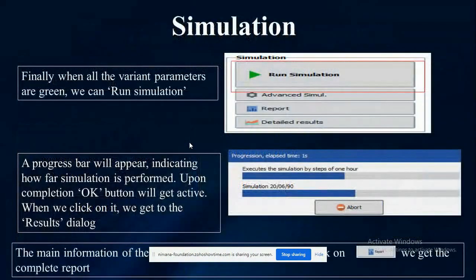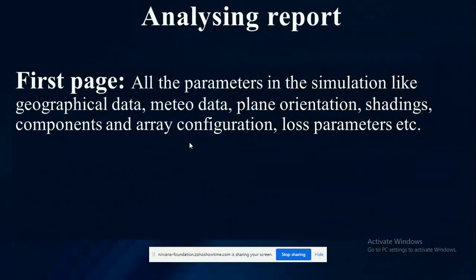And then after all these settings, we go with the simulation. Finally, when all the variant parameters are green, we can run the simulation. You can see the progress bar. It will be calculating and then the results dialog will be shown. You can see the main information. Once we click on the report, we get the complete report. Now analyzing the report.